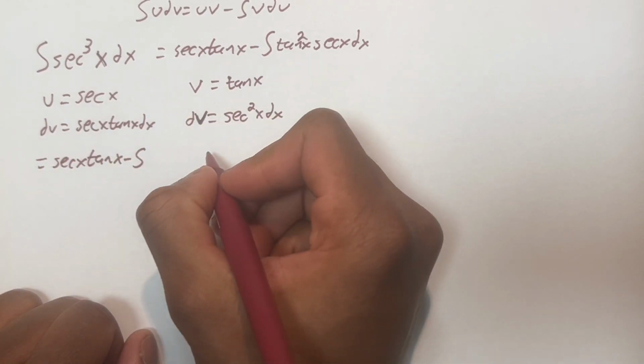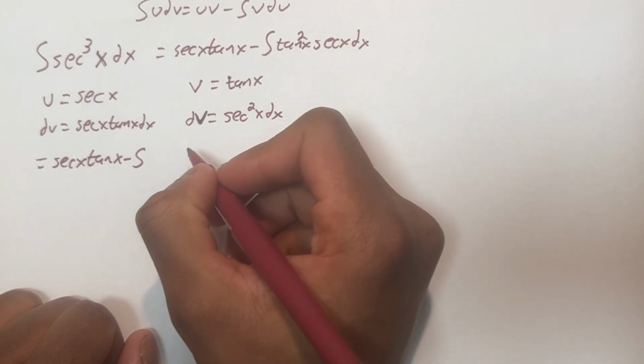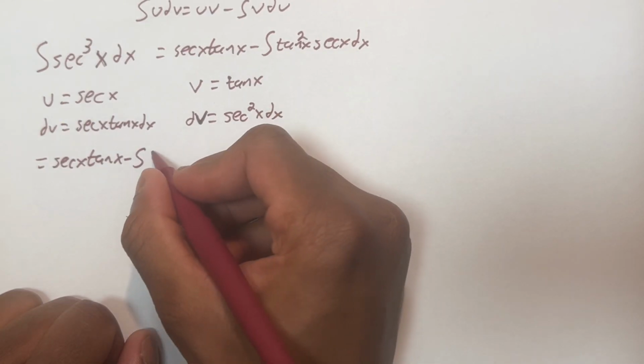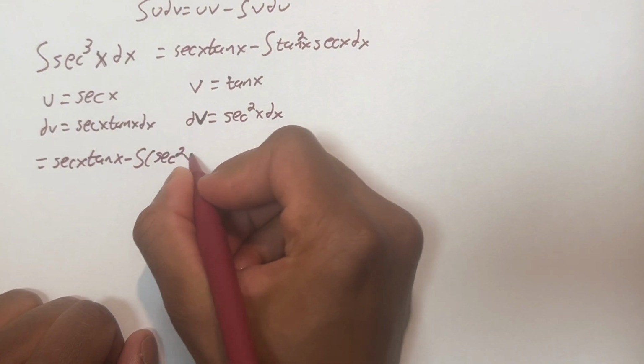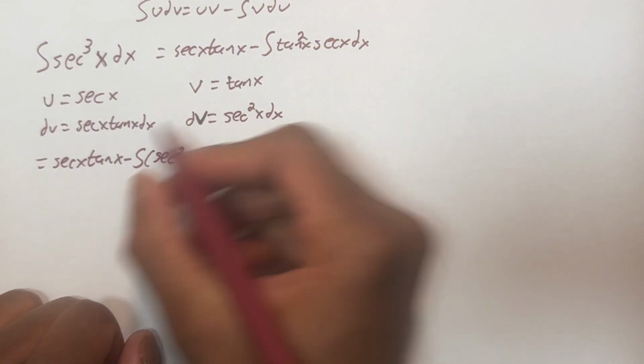What is tangent squared x in terms of secant? Well, if we know our identities, it's secant squared x minus 1. So secant squared x minus 1 times secant x dx.